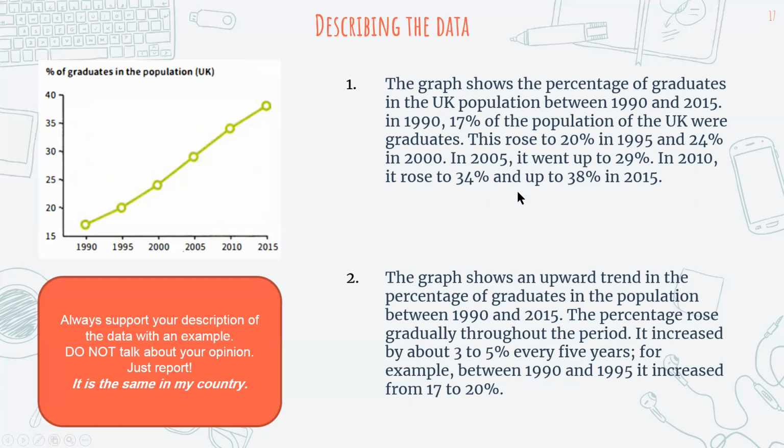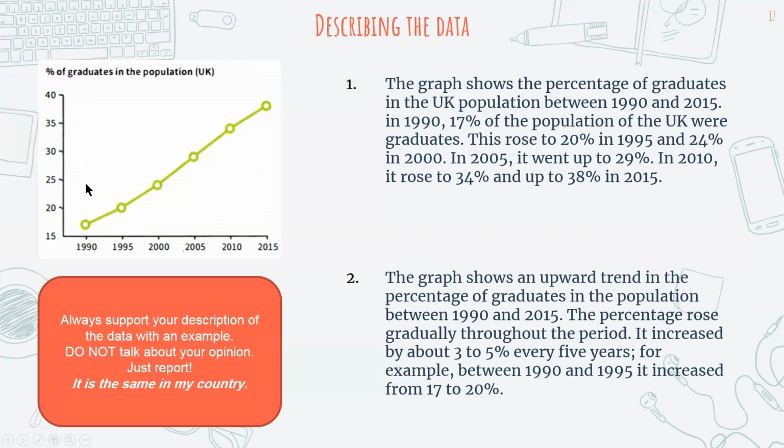So this one is better because it describes the data. The first one, not so much, because it doesn't describe actually anything. It just gives you numbers. In 1990, 17% of the population of the UK were graduates. Okay, good. I can already see that from the line graph. This rose to 20% in 1995 and 24% in 2000.